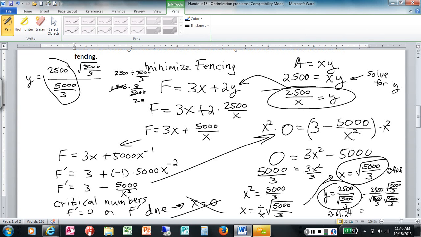With me? So all this is 3 over 2 times the square root of 5,000 over 3. What's the square root of 5,000 over 3? That's x. So it's 3/2 of x. So y is 1.5 times the size of x. So there's usually a connection like that. There are different things you can say about that. But anyway.